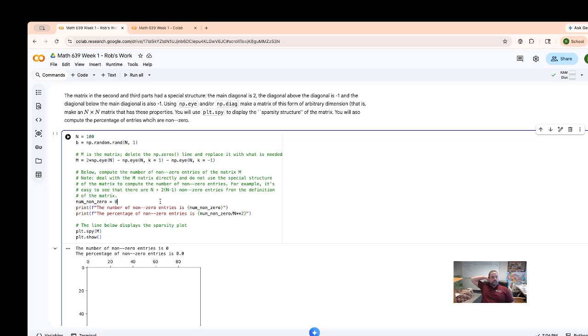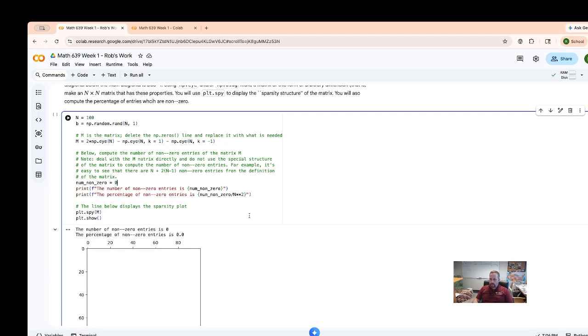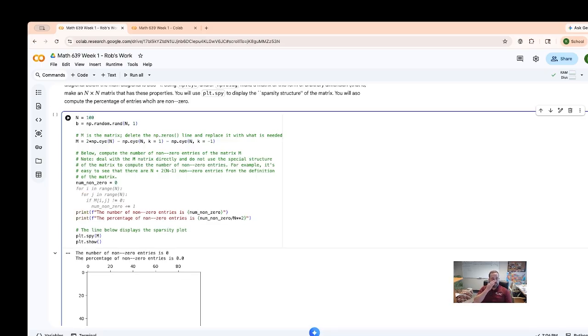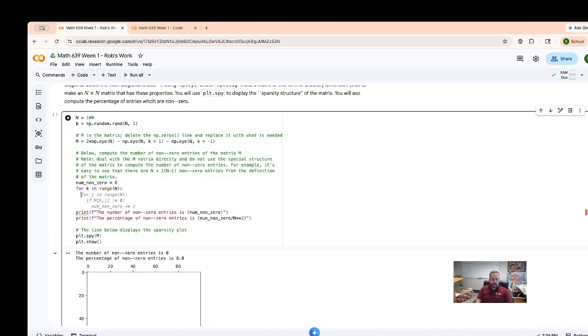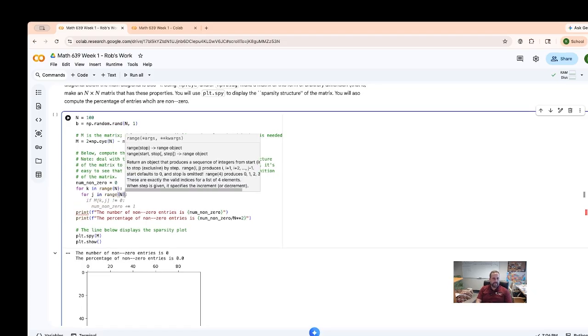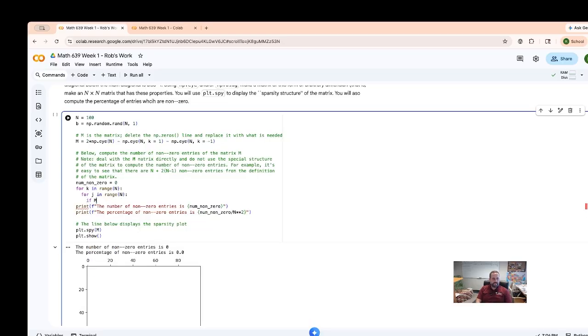There are a number of ways that we can do this. One way is just by using a loop. I'm going to say for k in range n, for j in range n, if M of k, j.